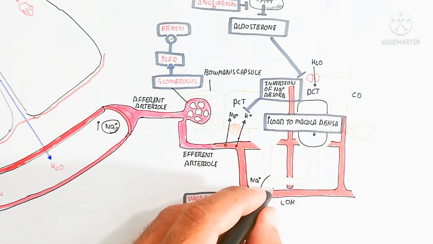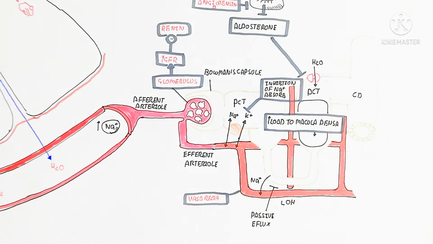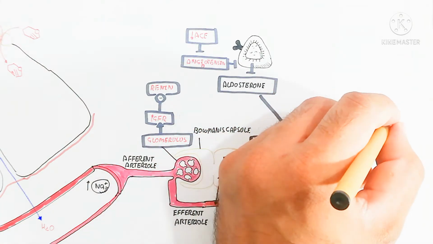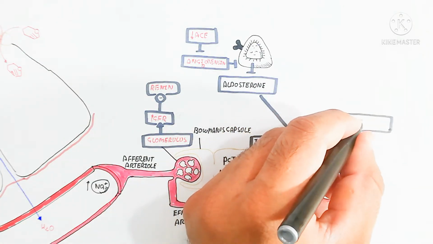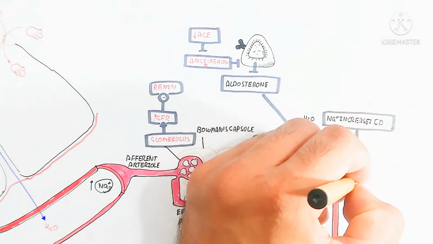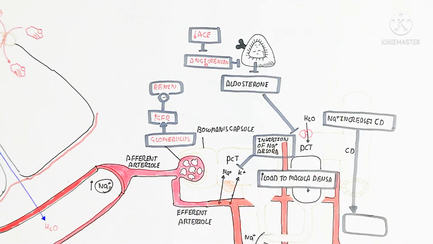The important thing is that the passive efflux of sodium is also inhibited, and on the other hand the vasa recta will not reabsorb the sodium, so water will be excreted due to the aldosterone deficiency, due to the angiotensin converting enzyme not working.